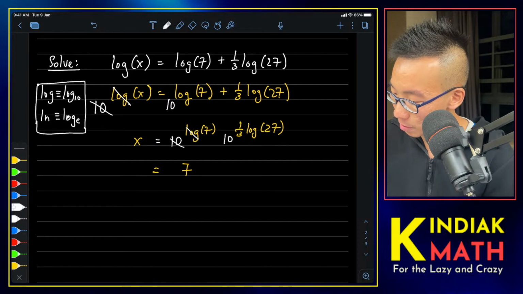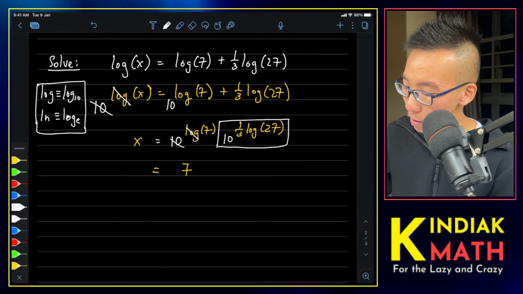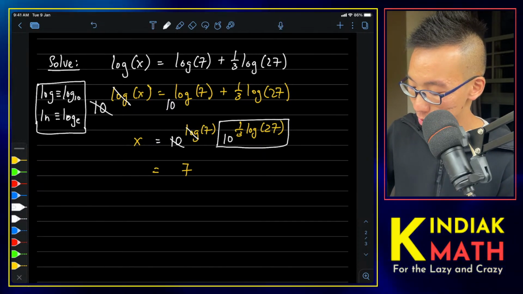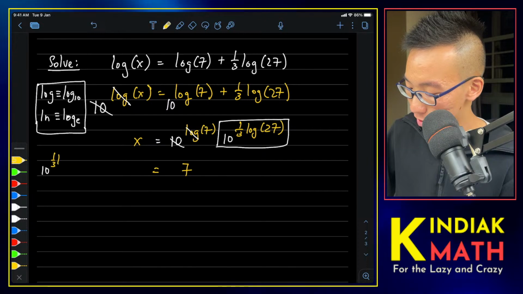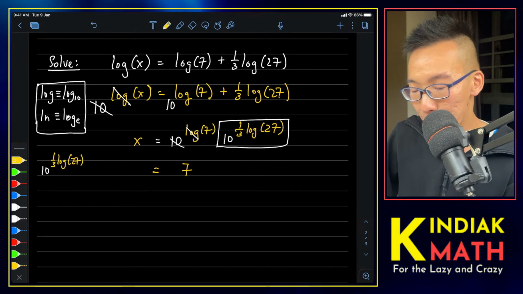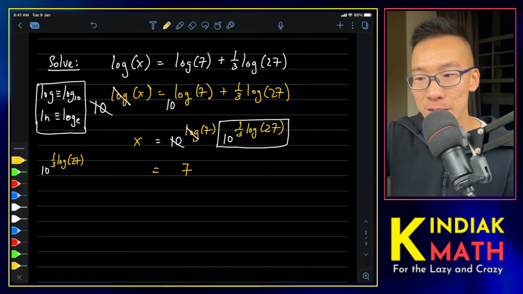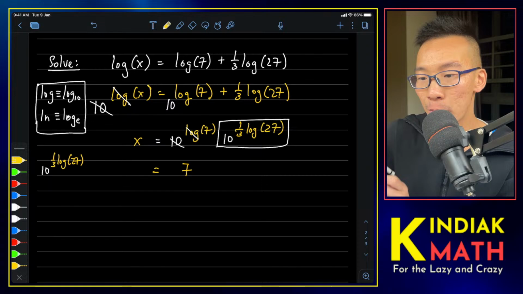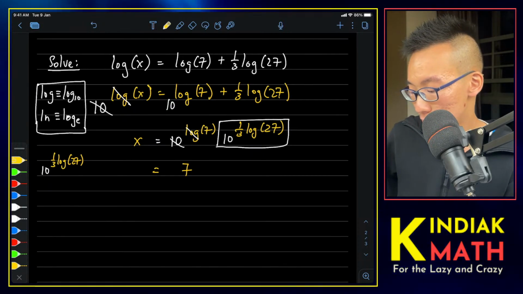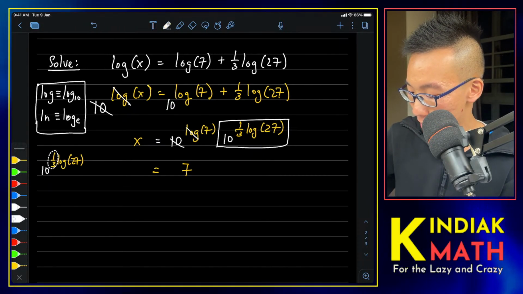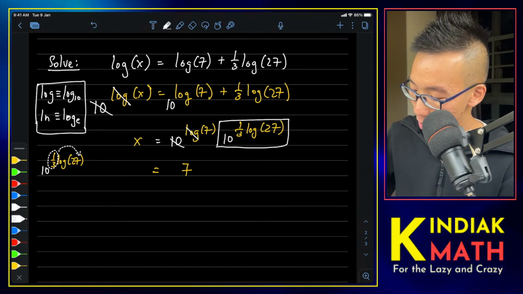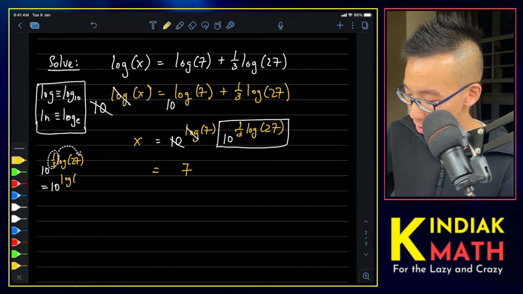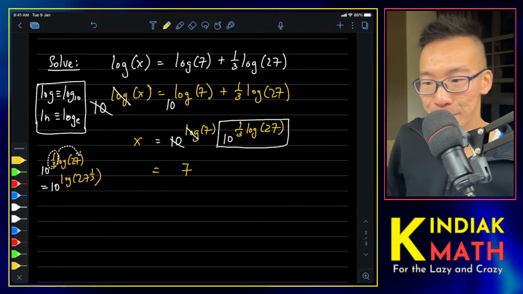For the second term over here, we might want to do a bit of simplification before we write out the answer. So 10 to the 1/3 of the logarithm of 27. Well, the logarithm has this property where it's able to either pull down powers or push powers back up. So we can push this power back up. And what we are left with is 10 to the logarithm of 27 to the 1/3.